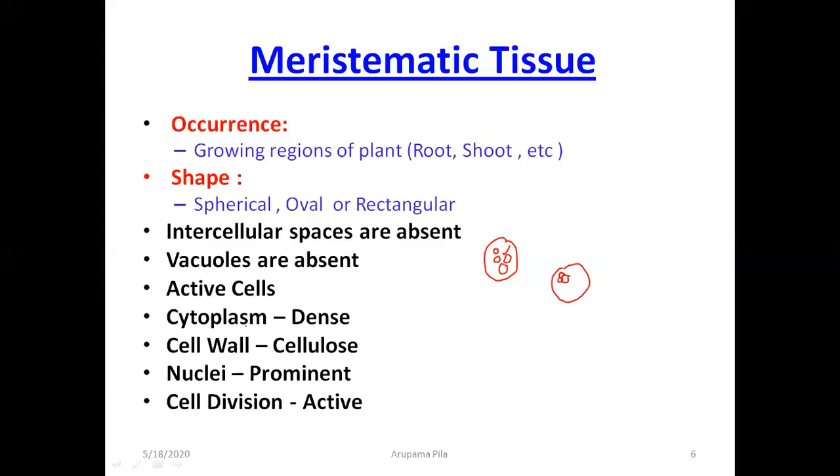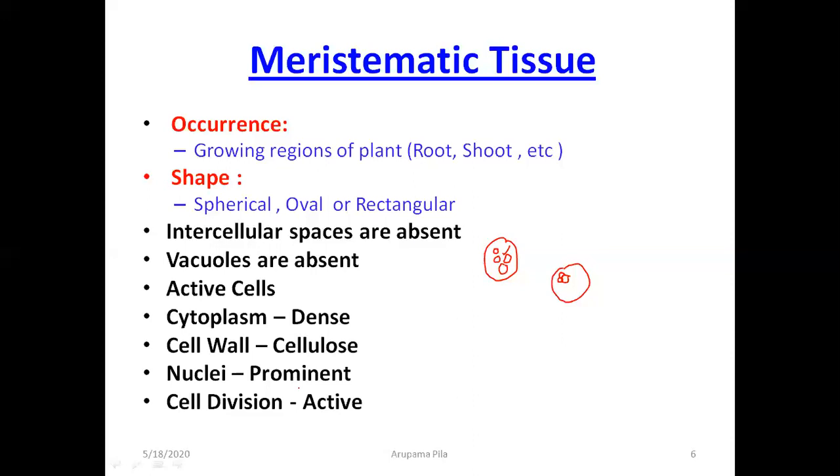In the cell, the cytoplasm is present, which is very dense. Then the cell wall is there, which is made up of cellulose. The nucleus is prominent. Prominent means it is also very active. Why is it active?